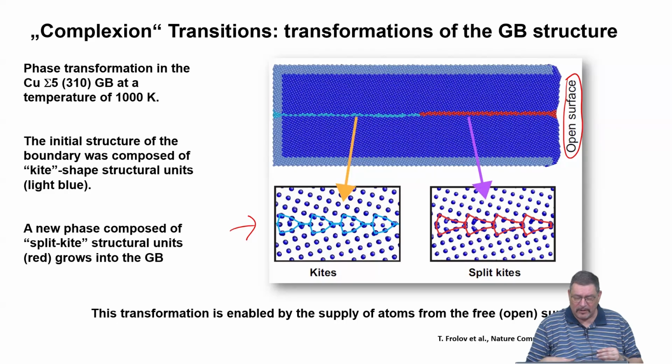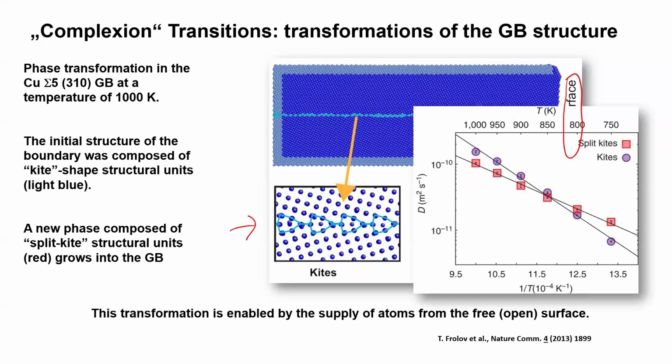And the nice thing is, with this MD simulation, you can also simulate diffusion processes in the boundaries for these 2 different structures of the boundary plane. And this has been done. And you see here that there is basically a crossover between the grain boundary diffusion, so this is dGB, as a function of 1 over T. And for the split kite structures and for the kite structures, you have a crossover.